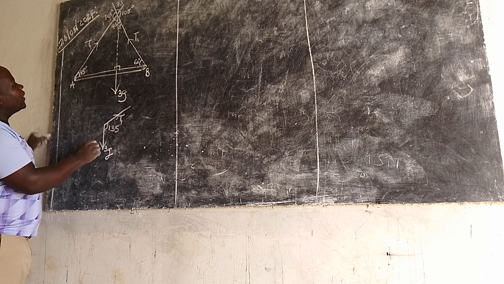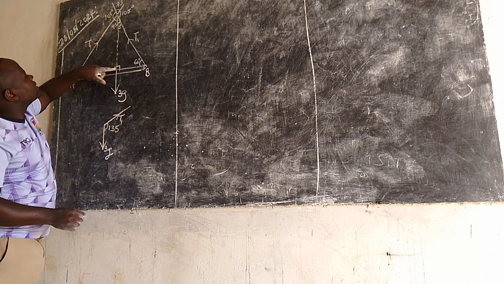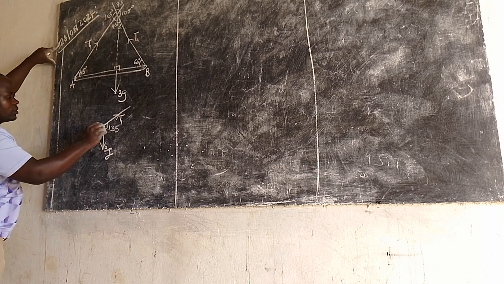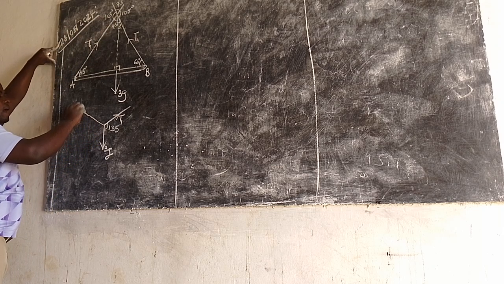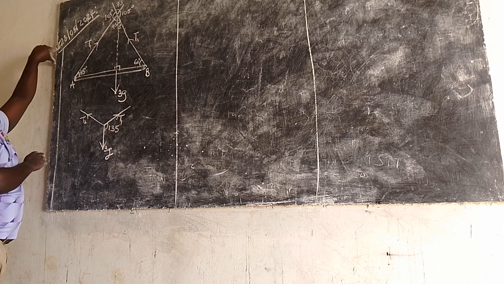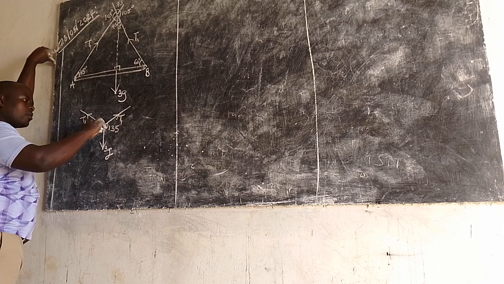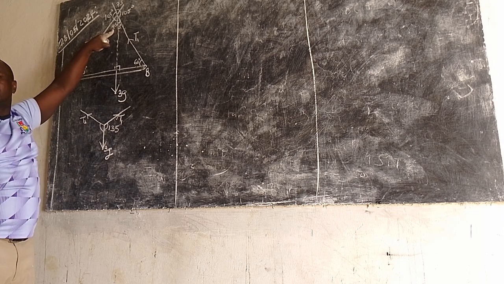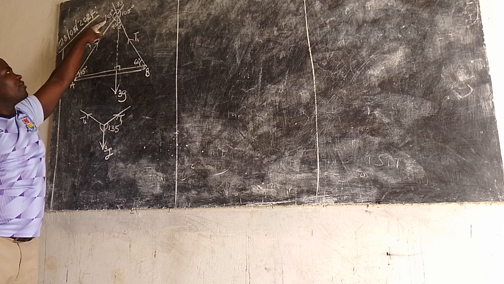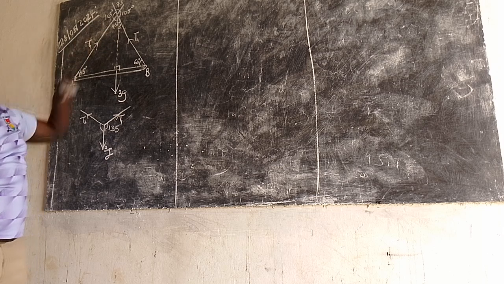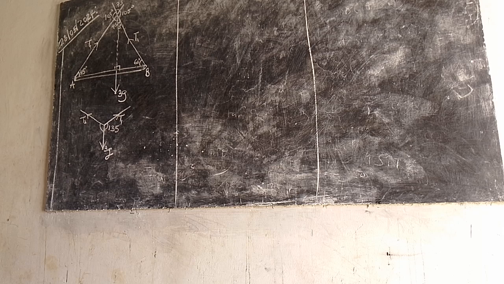And then this T2. This angle is 45 plus 105. Are we together? 45 plus 105 gets us 150 degrees.